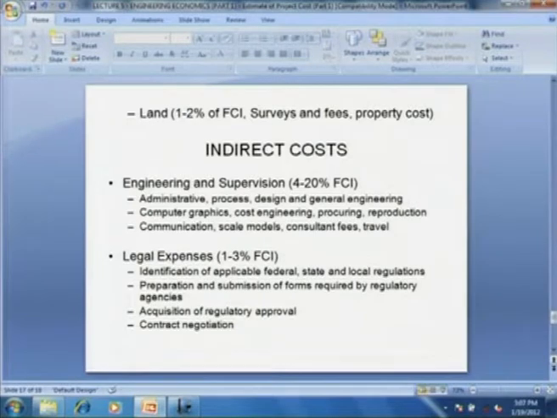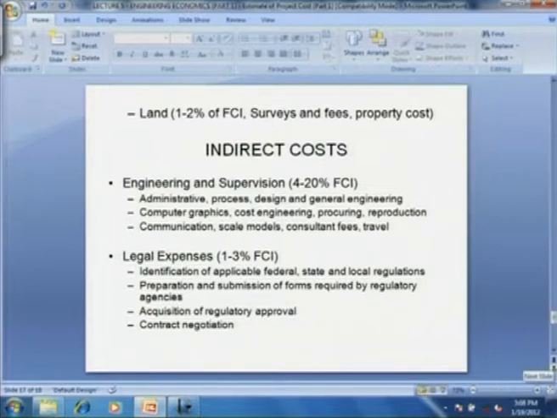Then the legal expenses, identification of applicable federal, state and local regulation, then preparation and submission of forms required by regulatory agencies, then acquisition of regulatory approval, then contract negotiation.